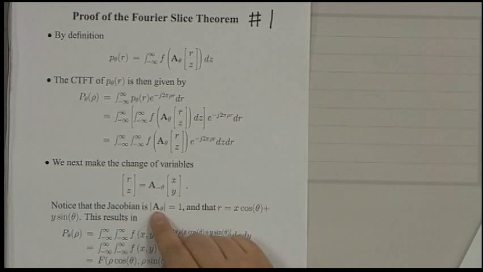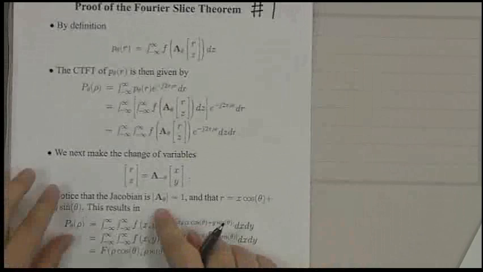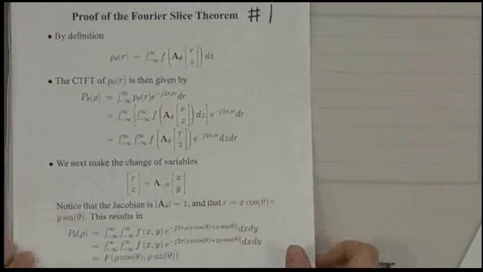A theta is just a 2x2 matrix, so it's relatively easy to calculate this. But just in case, let's calculate. The Jacobian equals 1.